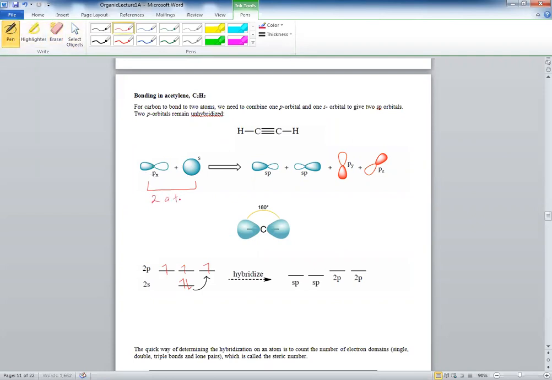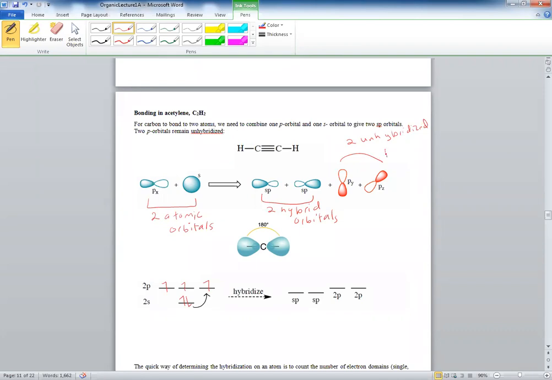So you have 2 atomic orbitals, and you end up with 2 hybrid orbitals. But you have 2 unhybridized p orbitals. So here you go, 1, 2, and then you have 3, 4.